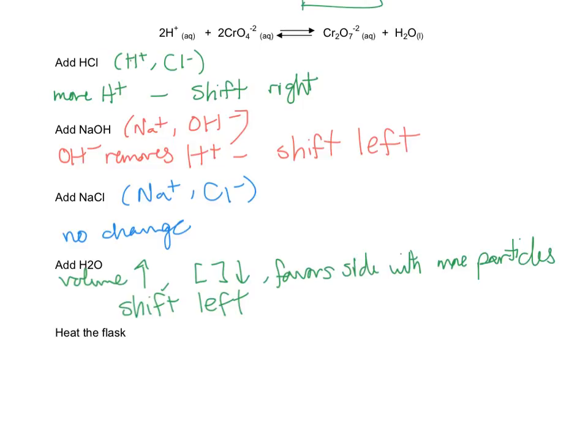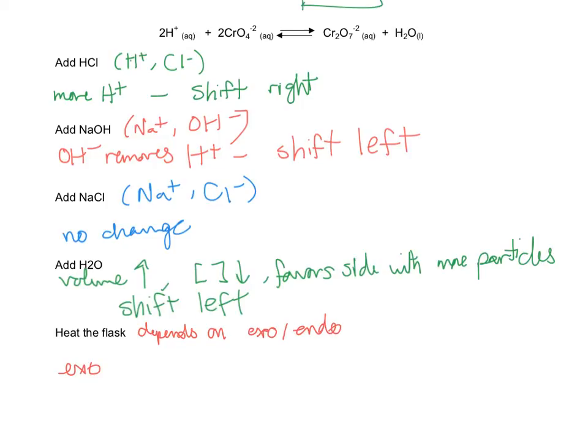All right, last one here. How about if you heat the flask? Well, if you heat or cool something, it's going to depend on whether it's exo or endo. So let's, for fun, do both because it doesn't tell us here. So we'll say depends on exo or endo. So let's assume it's exo.